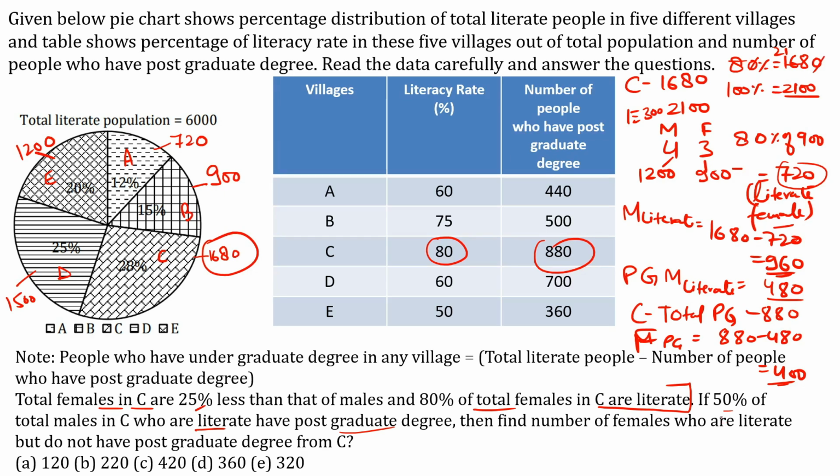This is the female postgraduate, and total literate female we have 720. So guys, we can easily find the total females who are not postgraduate. So this will be female undergraduate, UG, is equal to total literate female 720 minus female postgraduate, okay. So 720 minus 400, this will give you 320 will be the right answer.